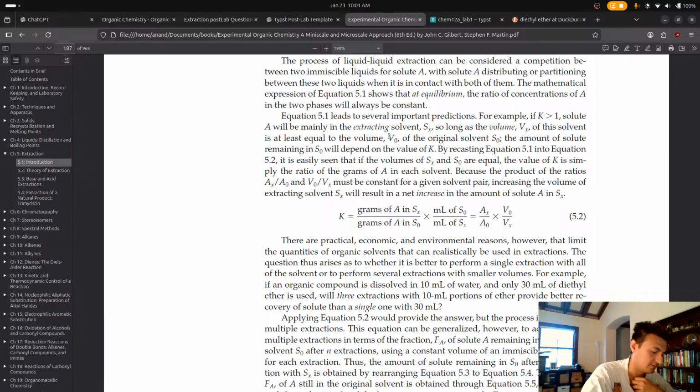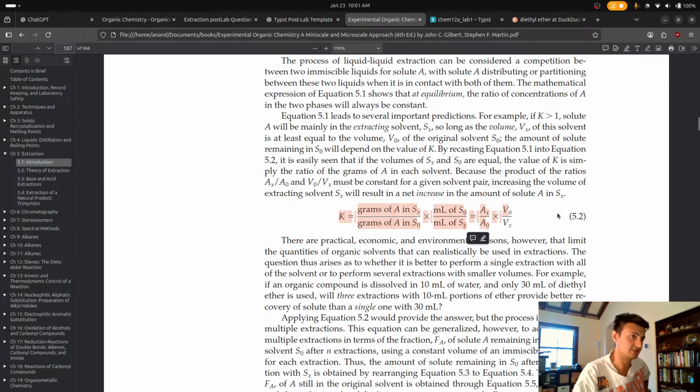Now, K is equal to the concentration of A in S extraction over the concentration of A in S original. So this is equal to 2. Let's expand it out.